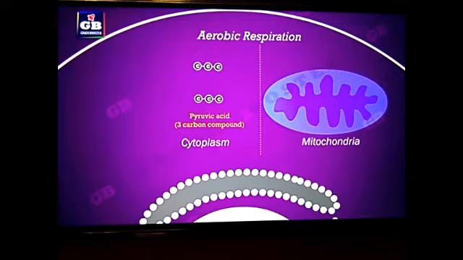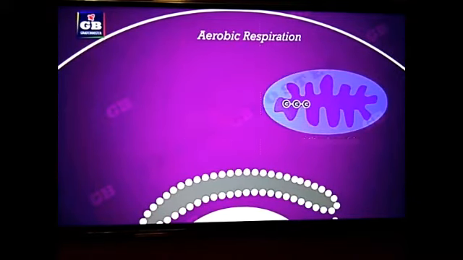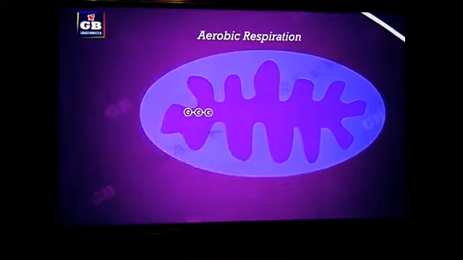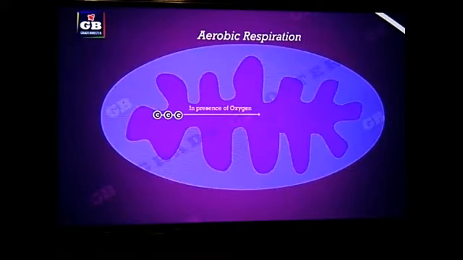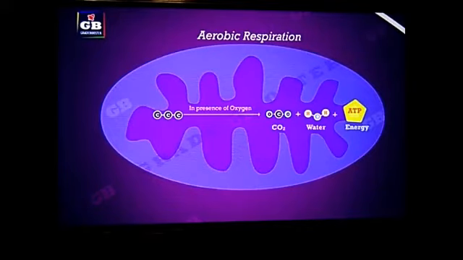These pyruvic acid molecules then turn to carbon dioxide and water by releasing the energy in the form of ATP. ATP fuels the different endothermic reactions that take place inside the cell.